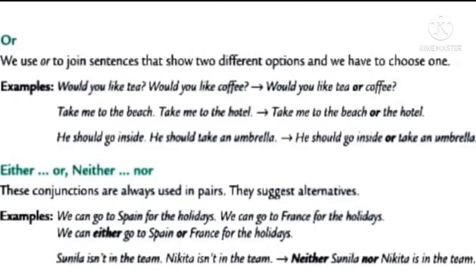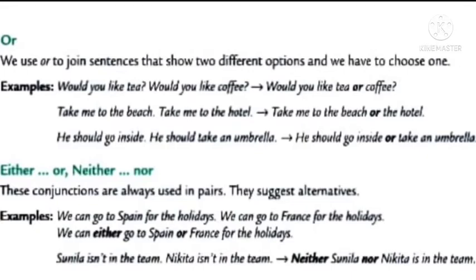In order to suggest alternatives. For example, we can go to Spain for the holidays. We can go to France for the holidays. So here we have an alternative. We have a choice. We can either go to Spain or to France. Okay. We can either go to Spain or France for the holidays. See how we connected those two sentences with the words either or.